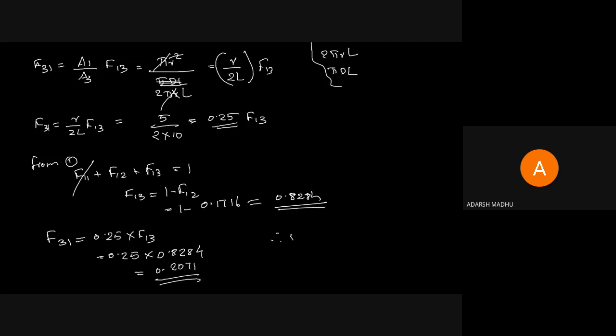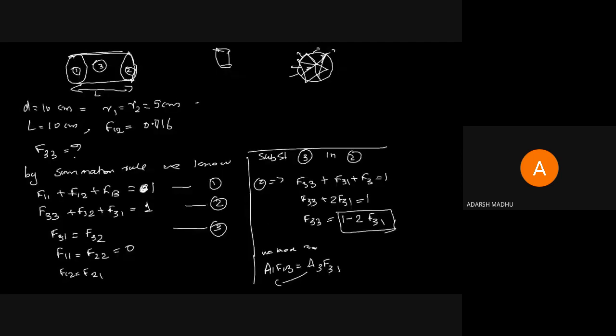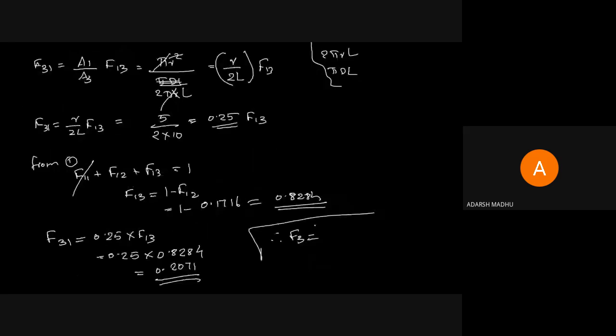Therefore, F33 equal to 1 minus 2 F31, right? 1 minus 2 into 0.2071 equal to 0.5858. Very good. That is our final value of F33.